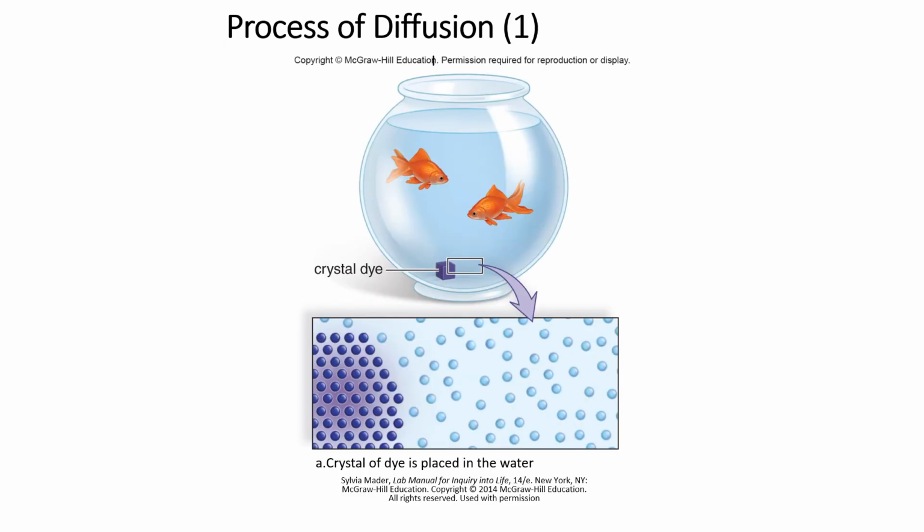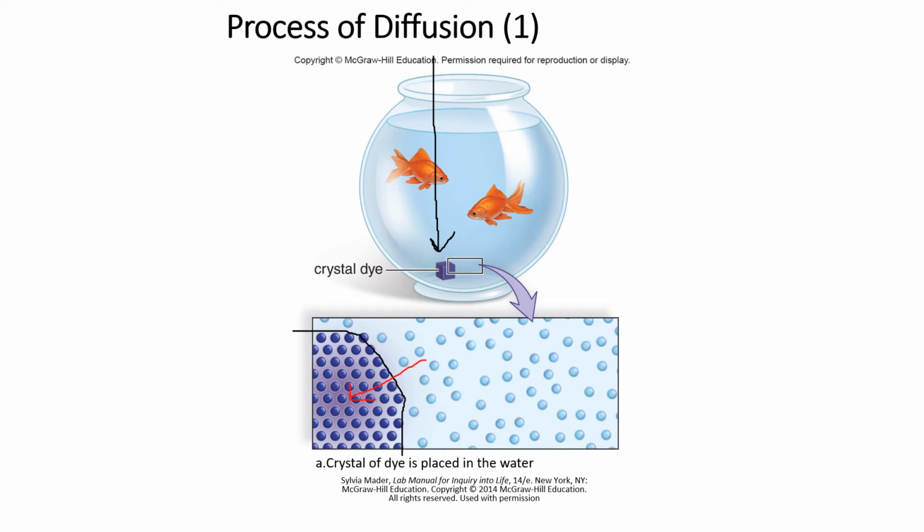But let's think about putting a drop or a cube of dye into a liquid. When it first enters that liquid, it's at the highest concentration. That dye actually excludes water for a second, and then there will be some interactions.